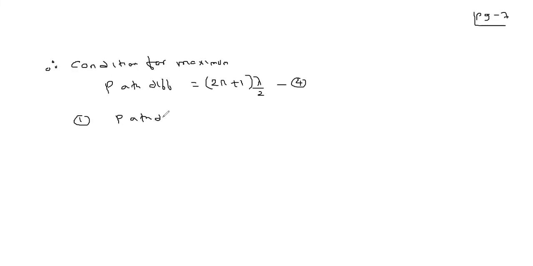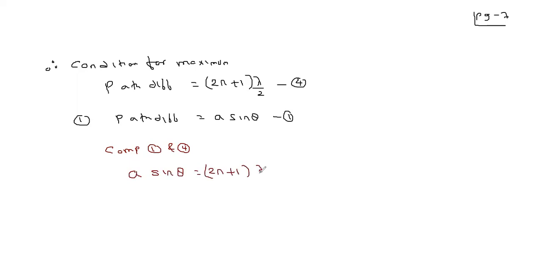Path difference is equal to a sin theta. Compare 1 and 4. We get a sin theta equal to 2n plus 1 lambda by 2. It's a very, very important equation for maximum.